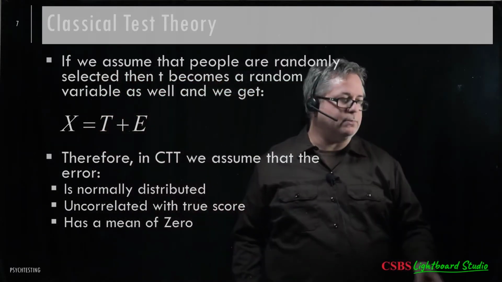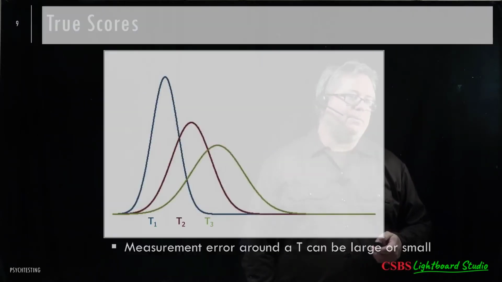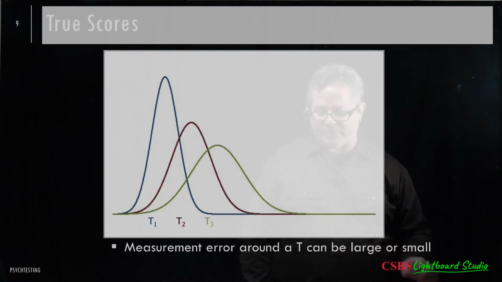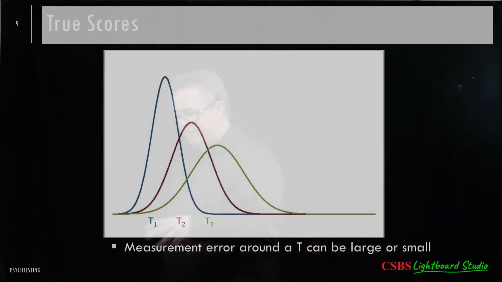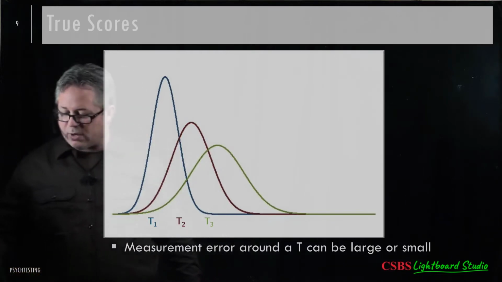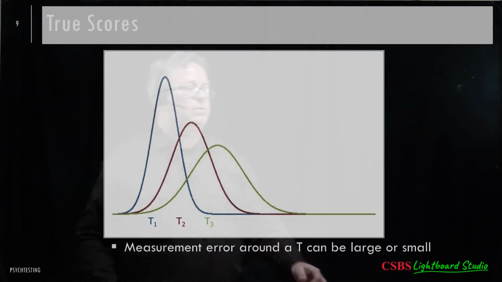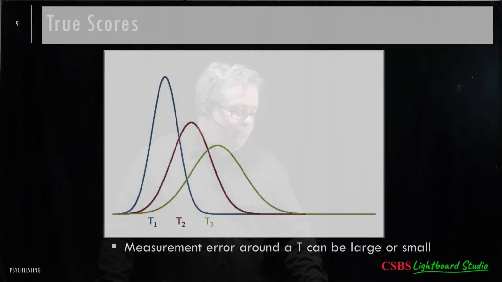let's move forward. So measurement error around T can be large or small depending on the type of scale or test you're using. The goal of designing most tests is to try to reduce the amount of measurement error, to get a cleaner, nicer, error-free test of some sort.